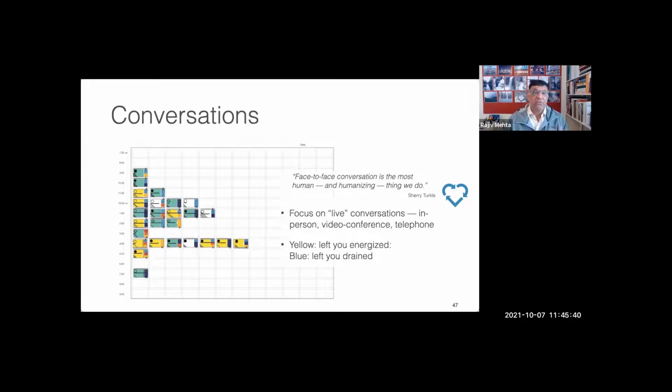But as you do it, you'll start to have some sense of how that is similar or different than your asynchronous conversations, your texts and so forth. Also, from the design aspect, one of the things that really jumps out is the use of yellow and blue. Yellow are the conversations that left you energized. Blue are the ones that left you drained. And as you do this, you'll really discover how much of an impact conversations have on your life.